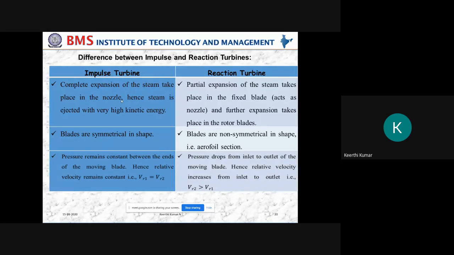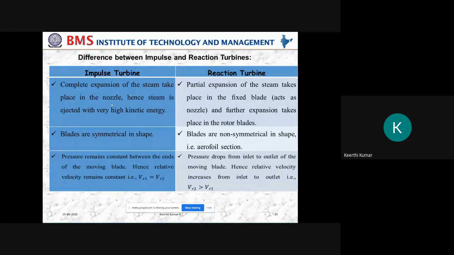That means whatever the energy of the steam is, it is completely converted into another form with the help of the nozzle only. Behind the nozzle, there will be a very high pressure. That high pressure steam, we are going to convert to kinetic energy, to high velocity, with the help of this nozzle.